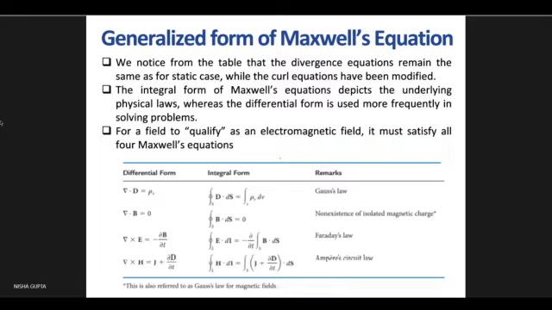The existence of the electromagnetic field is demonstrated by these four equations. That is why there are four equations for the time varying case.